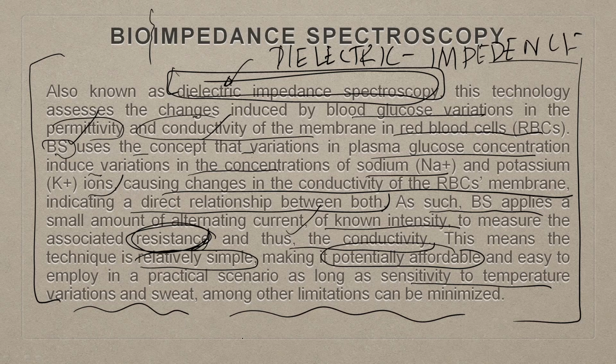RBC contains the hemoglobin, where the glucose binds. So, RBCs are like this, filled with hemoglobin, and each hemoglobin is saturated with oxygen or desaturated, depending on whether it is oxyhemoglobin or carboxyhemoglobin, and so on and so forth.